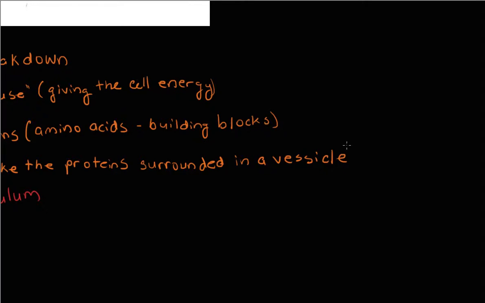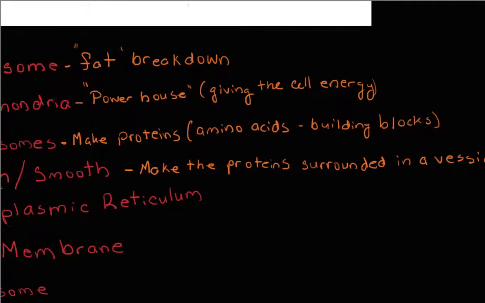Now, a vesicle, like I said, you could think of it as a sort of bubble, how I like to think of it. It basically surrounds the almost-made protein so that it doesn't get damaged, because there are so many things happening in the cell. It just doesn't want to be destroyed.